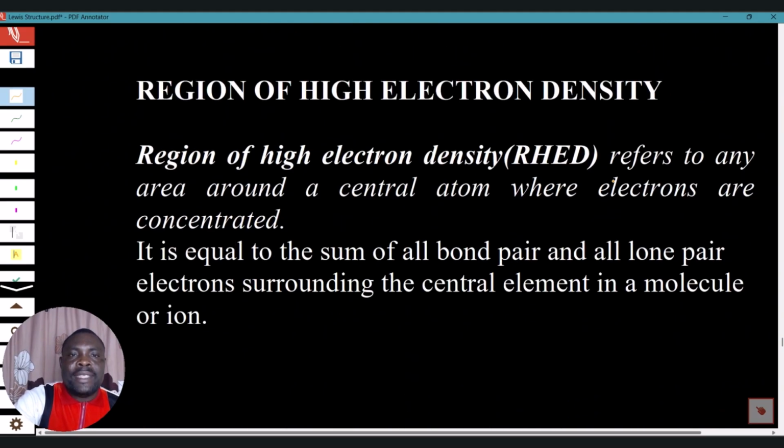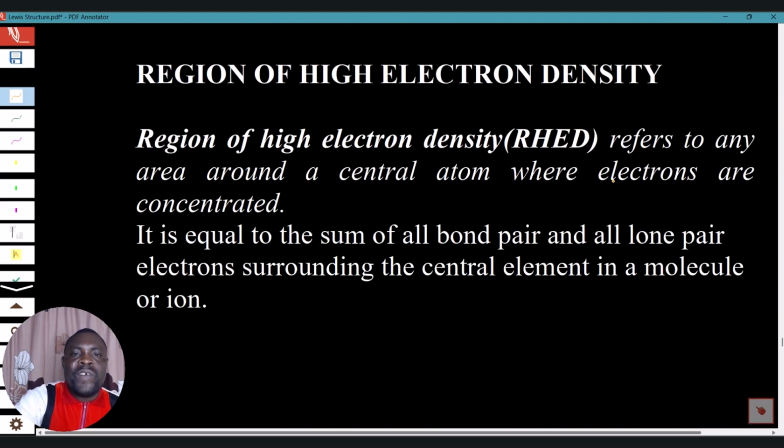Now let's look at region of high electron density. The region of high electron density, abbreviated ROHED, refers to any area around the central atom where electrons are concentrated. It's equal to the sum of all bond pairs and all lone pair electrons surrounding the central element in a molecule or ion.